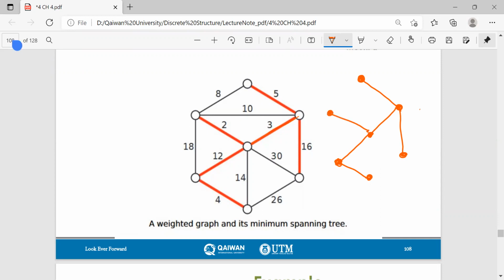This is the minimum spanning tree. We just draw this spanning tree. This spanning tree contains all the vertices, and it has the least weight, the minimum weight.